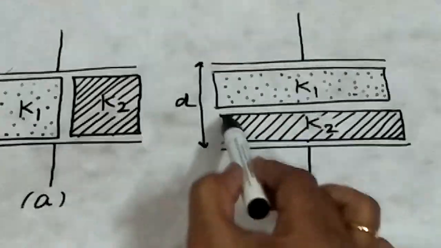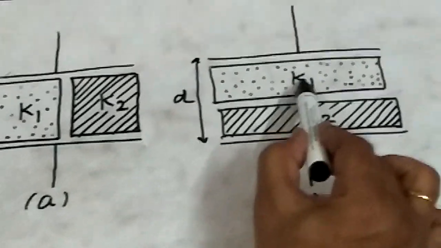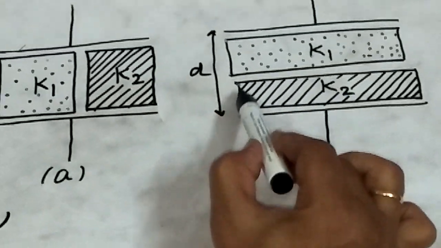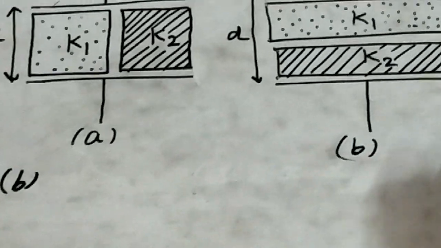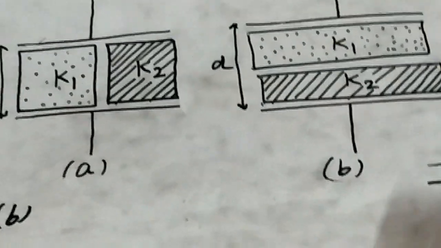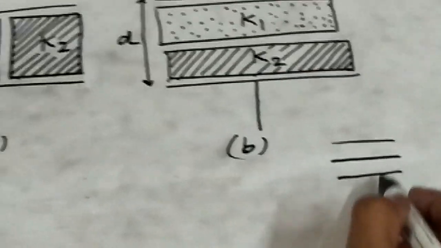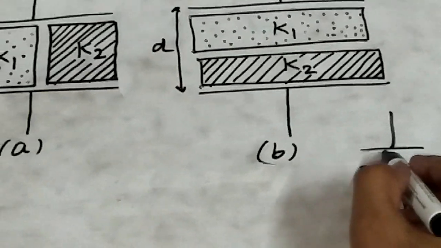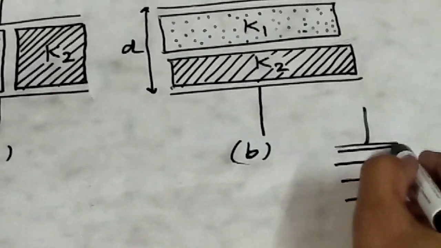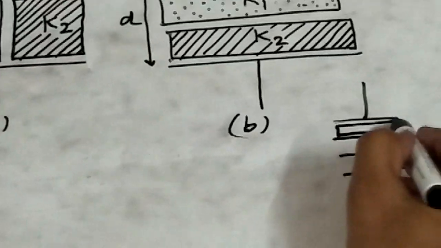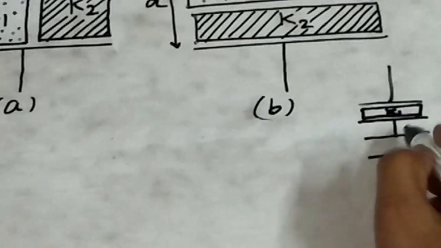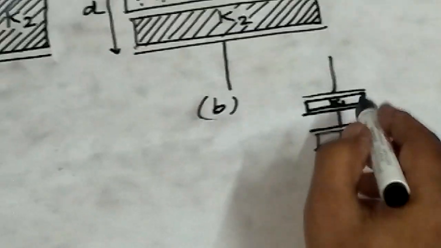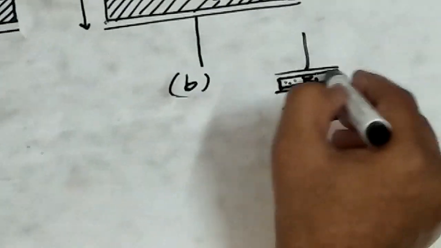This distance is half and this distance is also half, which means the thickness of the dielectric slab K1 is D by 2 and this one is also D by 2. So now this behaves like two capacitors, one with a dielectric slab of dielectric constant K1, and another with a dielectric slab of dielectric constant K2.